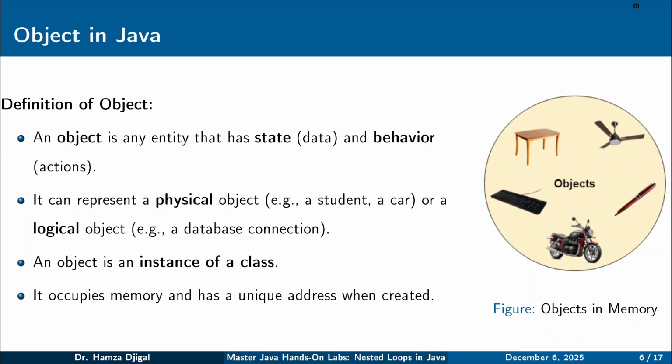We can also say an object is an instance of a class, which we'll define later. It occupies memory and has a unique address when created. This is the reason we say there is memory management in Java, because each object we create will use some memory and address. This is how the JVM will recognize it.